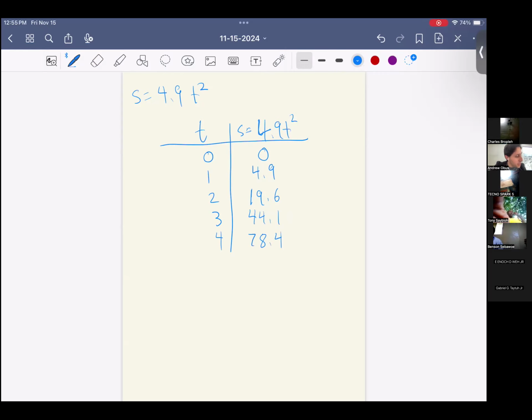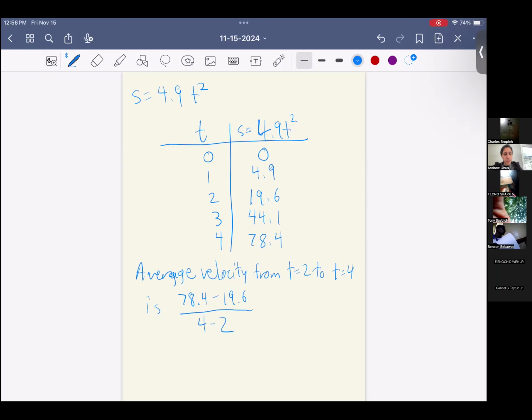So for instance, we could say the average velocity from t equals 2 to t equals 4 is 78.4 minus 19.6, that's the change in distance, divided by 4 minus 2, which is the change in time. And that is equal to 29.4.